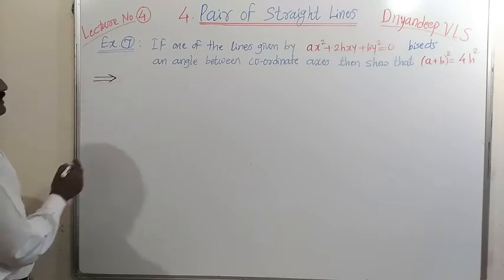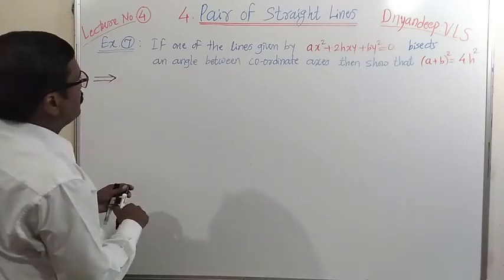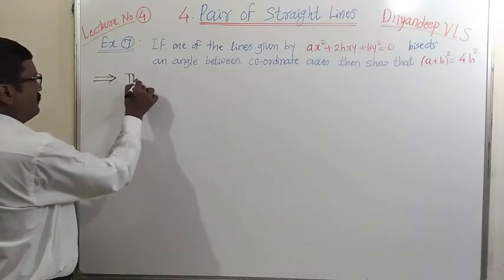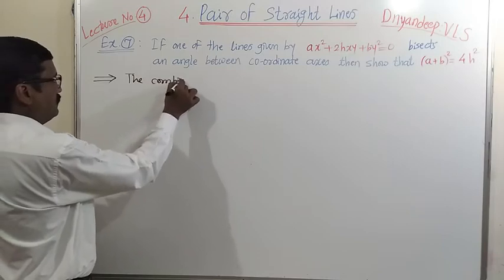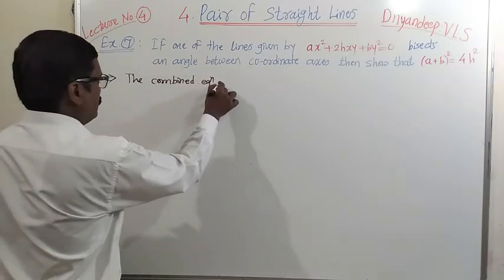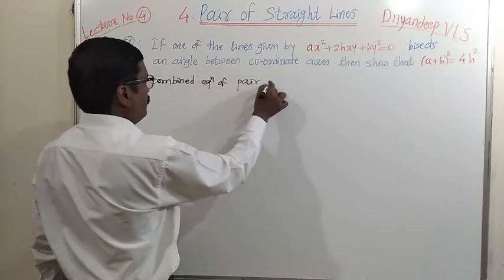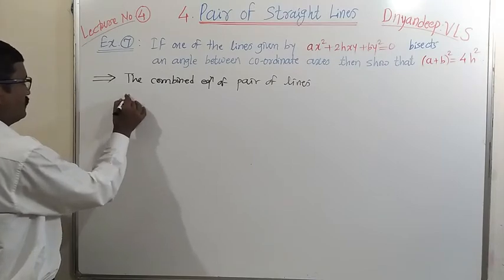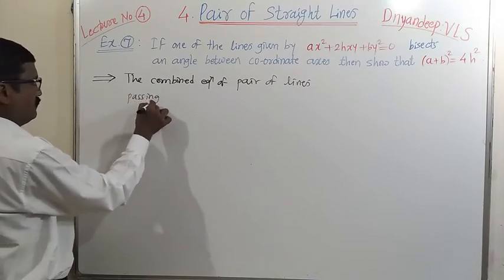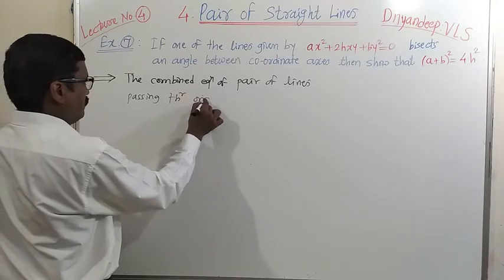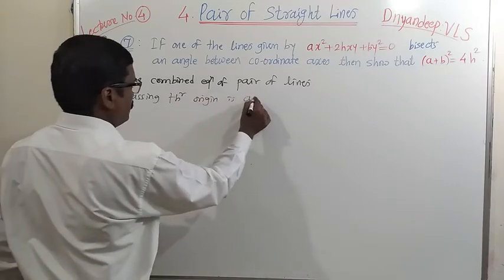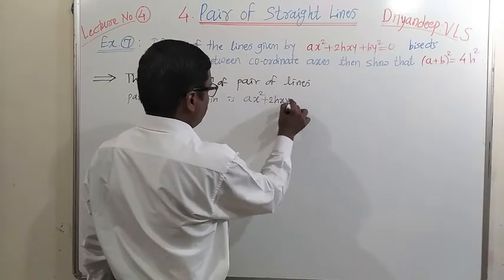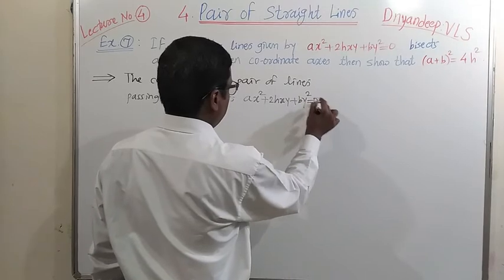Let us start with this combined equation. The combined equation of pair of lines passing through origin is ax square plus 2hxy plus by square equal to 0.